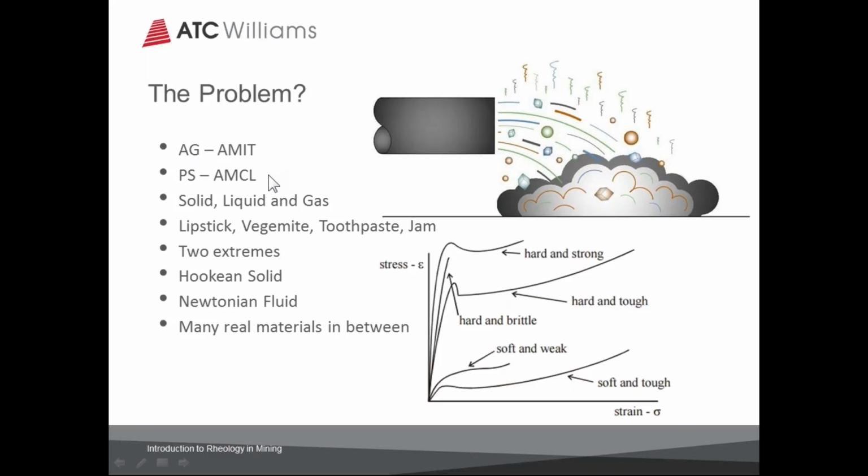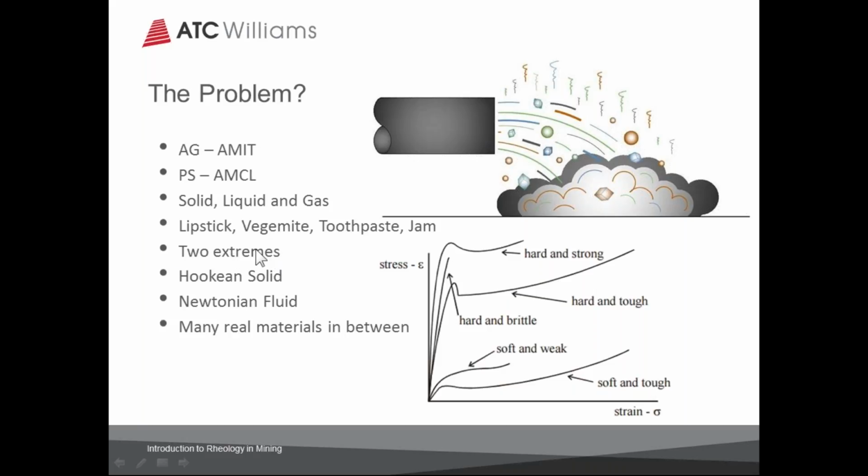When you first started studying science, in early school days, I'm sure that one of your teachers said to you, all matter consists of solid, liquid, and gas. That's an interesting starting point, but the truth is that there are quite a lot of materials that don't really fit into that description, such as lipstick, Vegemite, toothpaste, jam, and they have both solid and liquid properties.